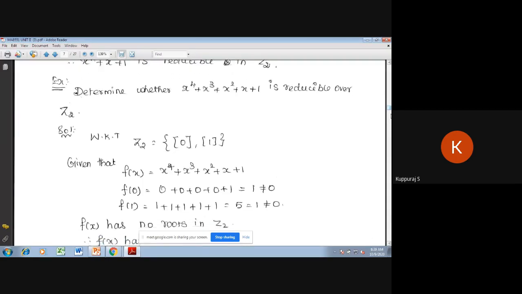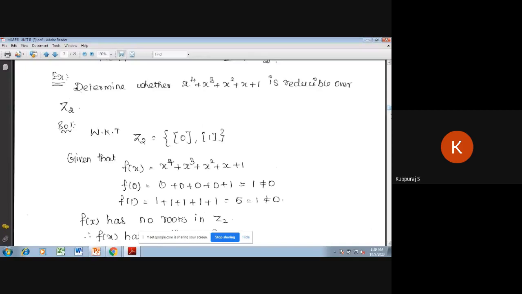So in Z2, x may take the two values 0 and 1. Putting x equals 0 in the given polynomial, f of 0 is equal to 1. So 1 is not equal to 0, so 0 is not a root of the given polynomial. Then for the other value, putting x equal to 1, f of 1 is equal to 5. 5 is congruent to 1, which is also not equal to 0.